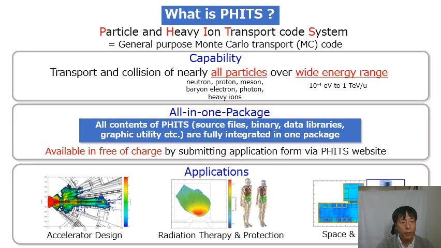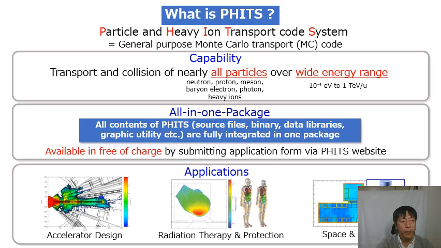PHITS is provided as an all-in-one package, including source files, binary data, data libraries, and so on. Now PHITS is available free of charge by submitting an application form via the PHITS website. PHITS has been applied in many research fields, including accelerator design, radiation therapy and protection, radiation studies in space, and geoscience.